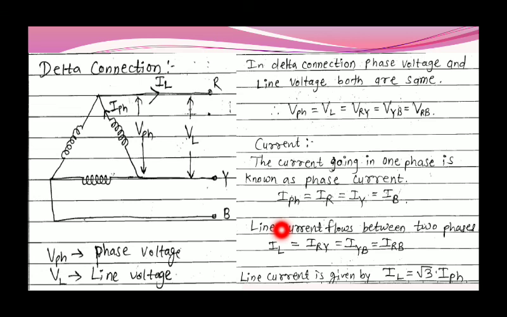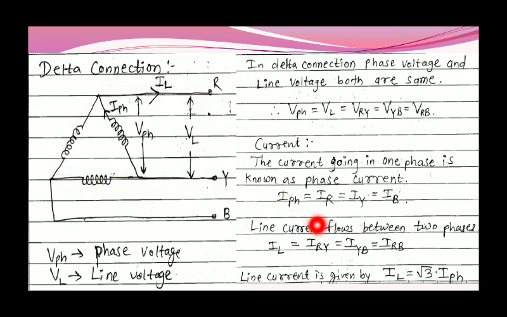And what is line current? The line current flows between two phases. For example, consider the current is coming from Y and going to R. So it is called a line wire. The current travels and continues from two phases, so it is line current.